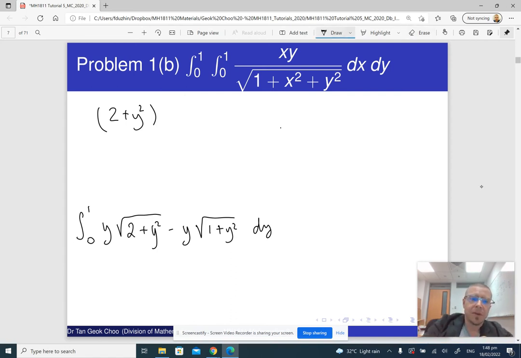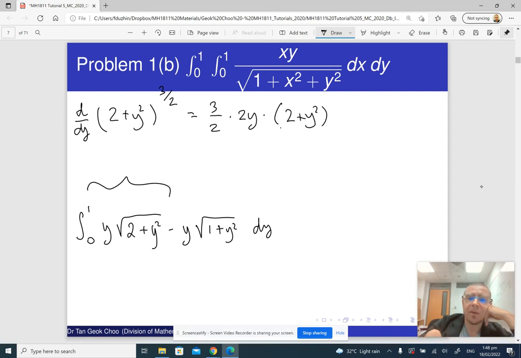So the antiderivative of the first expression here is going to be 2 plus y squared raised to the power 3 over 2, times some number. But in order to figure out what the number is, you take the derivative of this, and you will get 3 over 2 times 2y times 2 plus y squared raised to the power 3 half minus 1, which is 1 half.